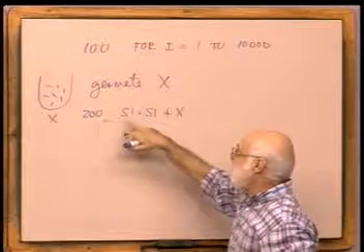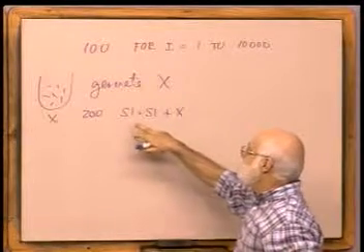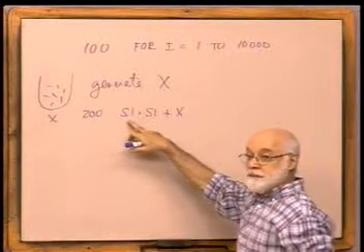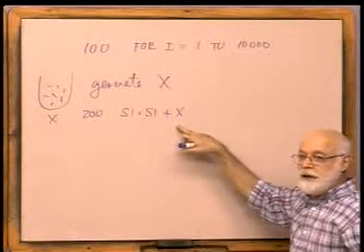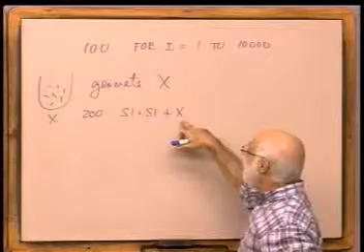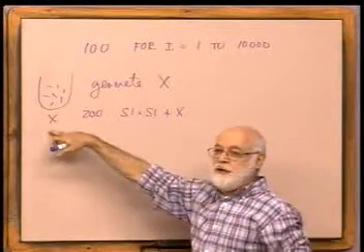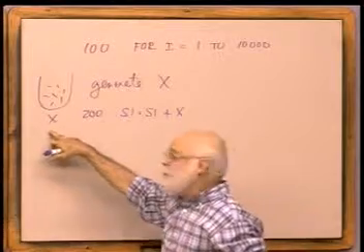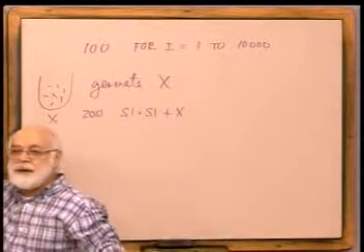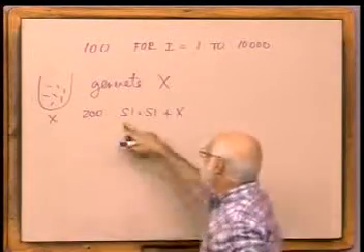Every time I execute this instruction, I'm going to replace the cumulative sum with whatever it was before plus the value of x I just generated. So when I get done, I will have added up 10,000 values of x. And then if I divide that by 10,000, I will have the average value, which I can then compare with the theoretical expected value. So that's the purpose of S1.